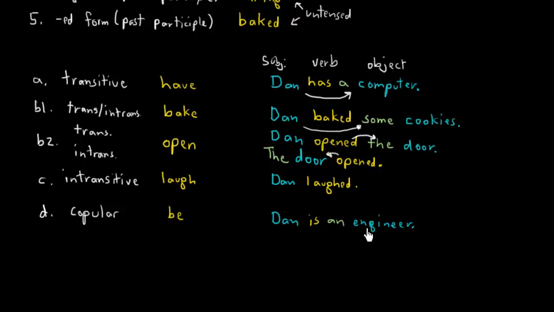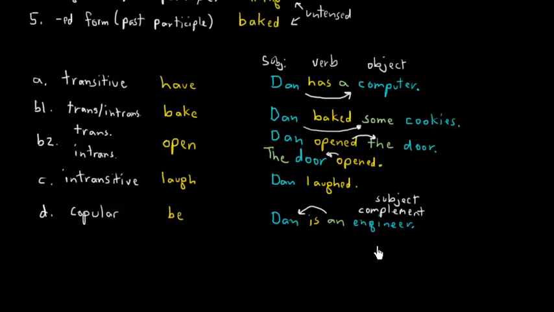Is Dan doing something to an engineer? Is he transferring some action to an engineer? No. This noun phrase, an engineer, is just giving us more information about Dan. So this is what we call a complement. It's giving us more information. And because it's giving us more information about the subject, it's specifically a subject complement.